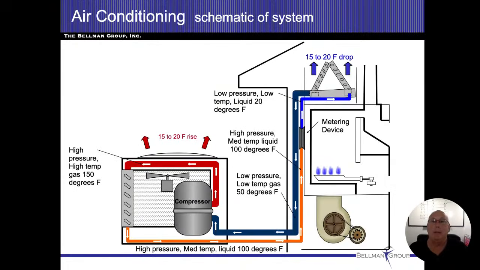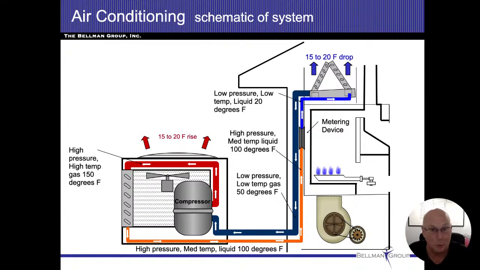So the next step is we have an understanding of an air conditioning system and how it works. And in short, again, our compressor compresses the gas and takes it to the outdoor coil, high temperature, high pressure. It's a gas. It goes through all those coils, expelling the BTUs. As it's expelling the BTUs, it wants to convert back to a liquid. It loses some temperature, but still remains at high pressure until I get to the metering device where the pressure now drops.